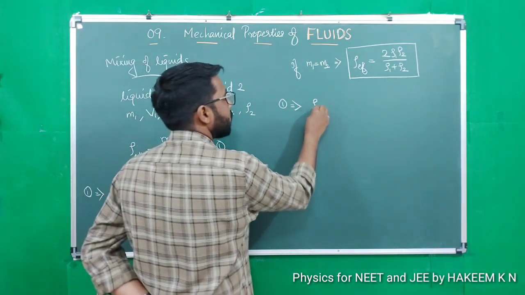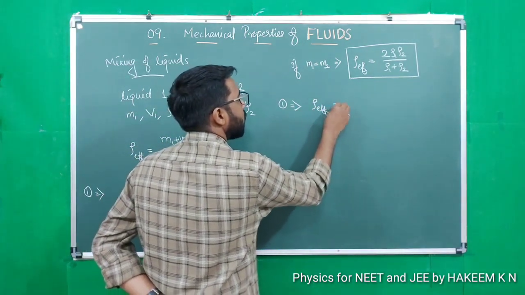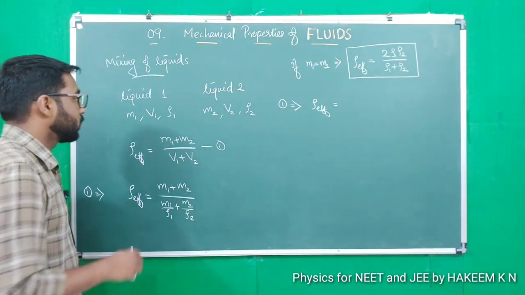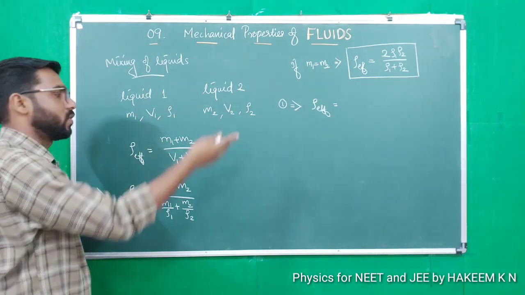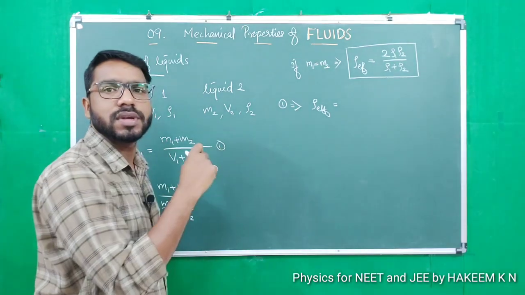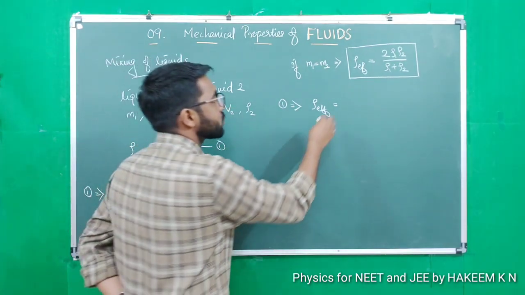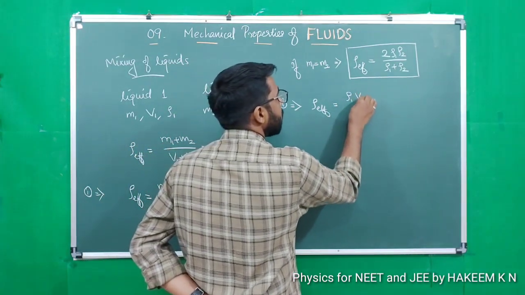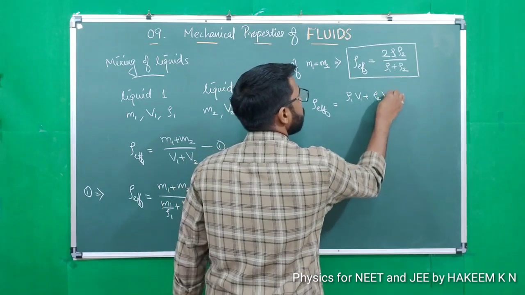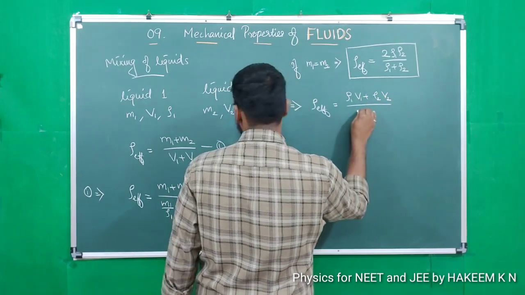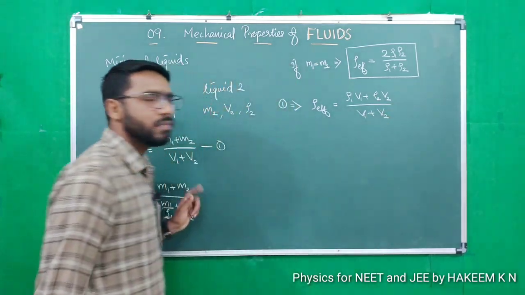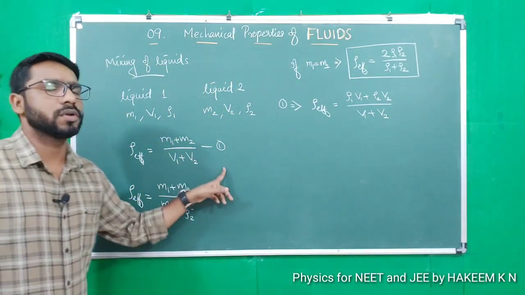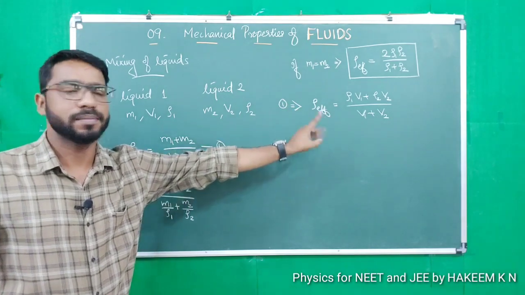So rho effective equals (ρ1 v1 plus ρ2 v2) divided by (v1 plus v2). If mass is not given, we can change it like that.